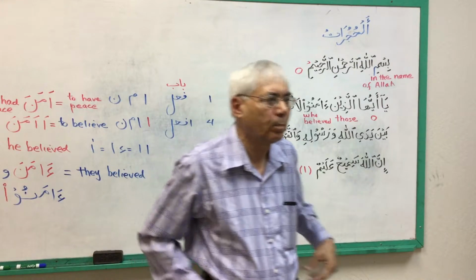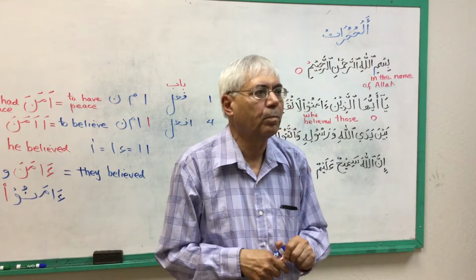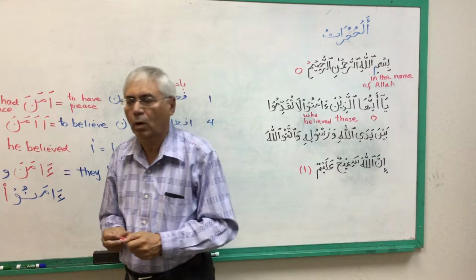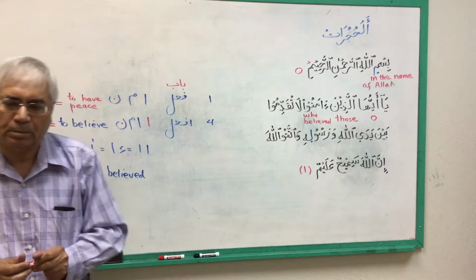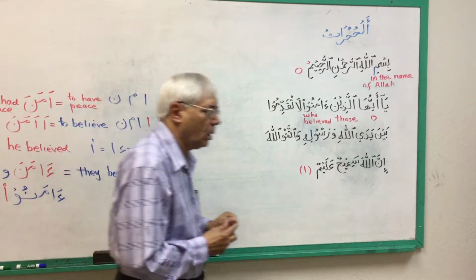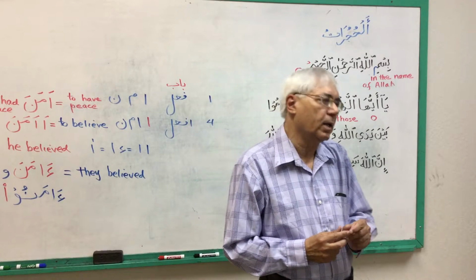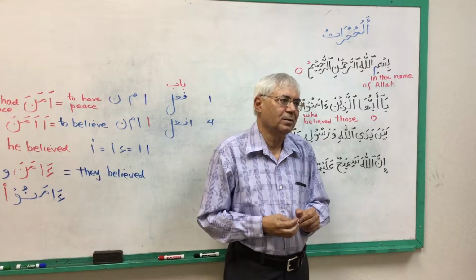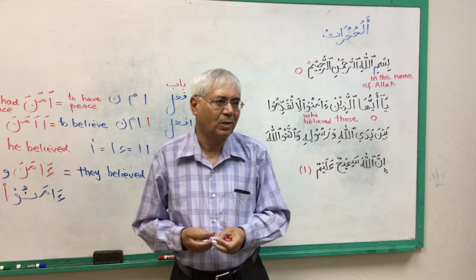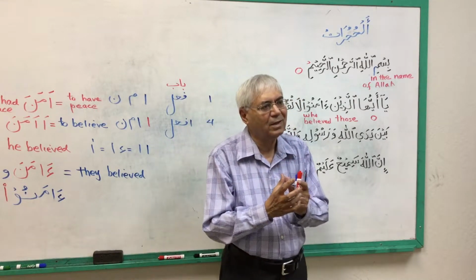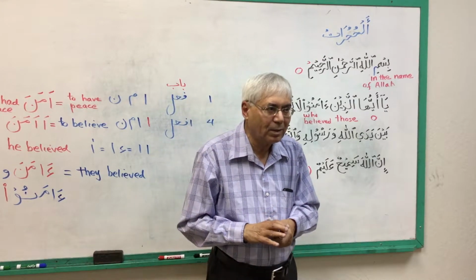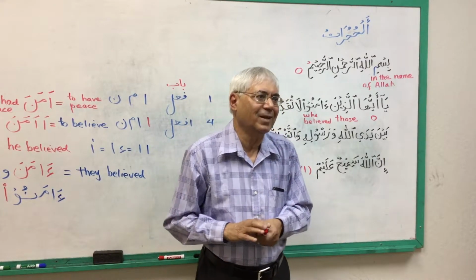We made plural from masculine word. Is the plural masculine or feminine? Okay. So the rule is that when you say all men are equal, the women are included in that. This is the terminology in every language. But if you say all women are equal, then men are not included in that.